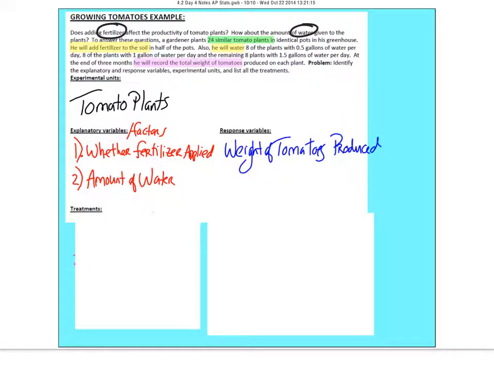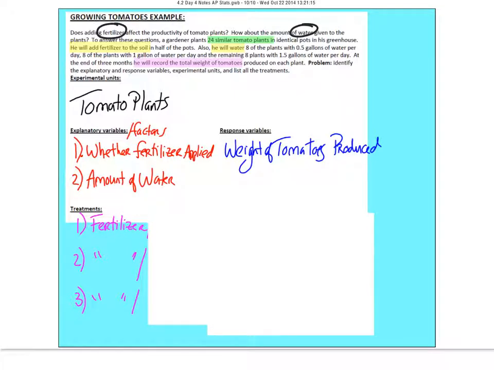Now list the treatments for this. Be careful. Remember, he's going to fertilize half of the plants, but then water them in three different groups. So the first treatment would be, let's say he does the fertilizer to all of them. He's going to give fertilizer to the plants, but that's going to vary. The first one might have a half a gallon of water, the second will have 1 gallon, and the third will have 1.5.